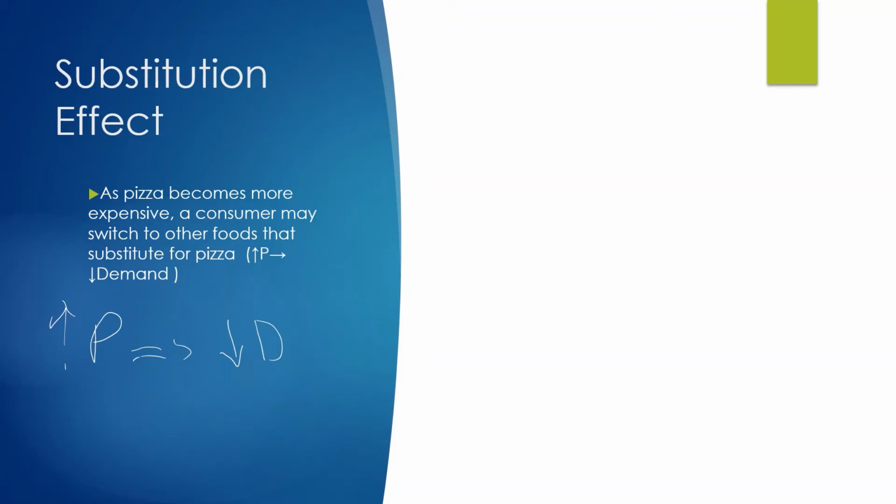This shows a decrease in demand with the increase in the price of pizza. And that's why we can say the negative relation between demand and prices can be understood by considering the substitution effect.